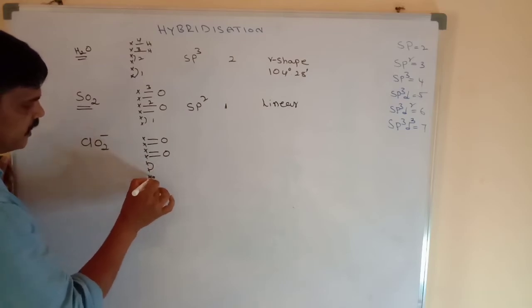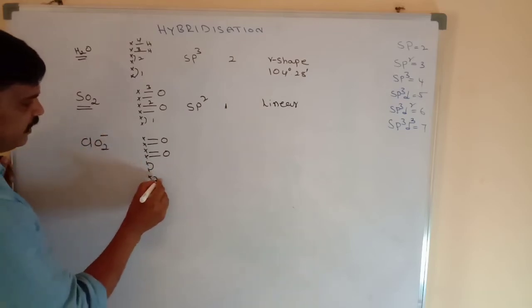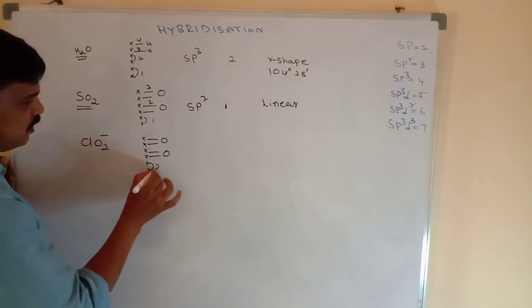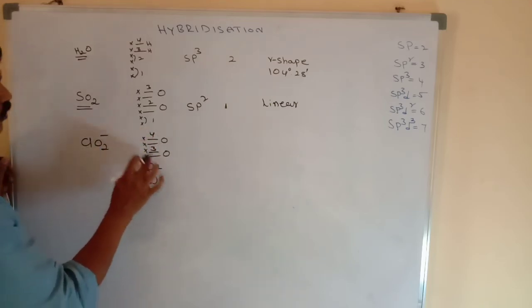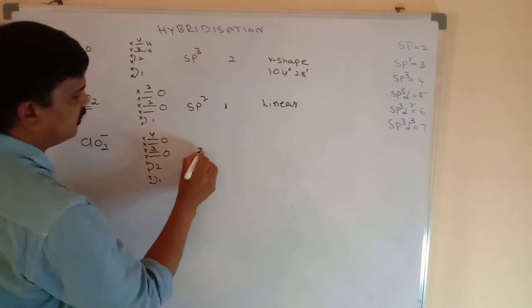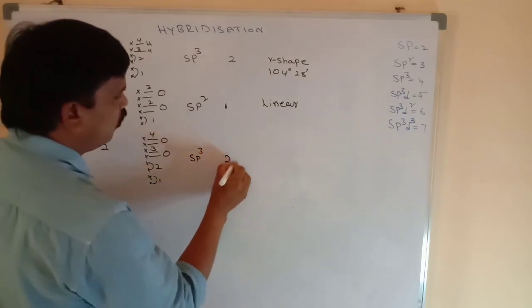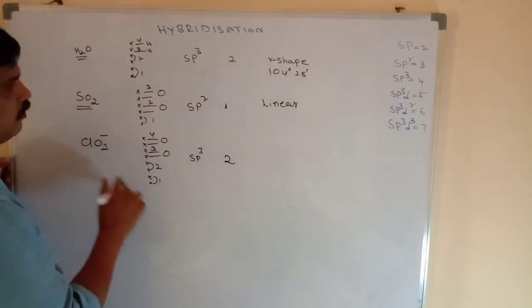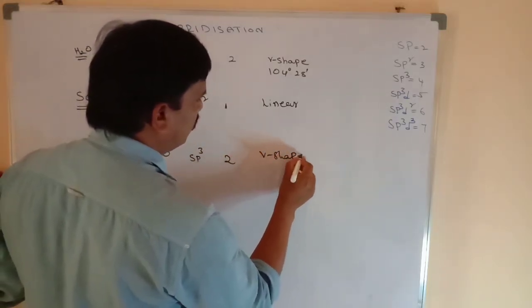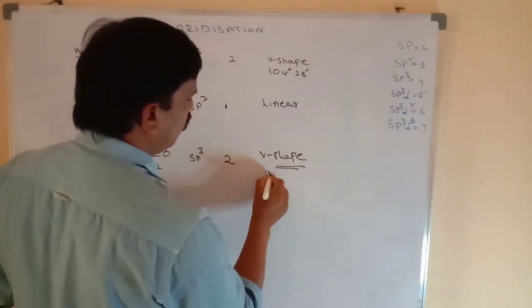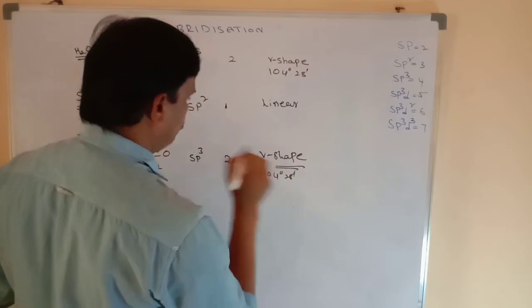Remaining dots are paired, numbered 1, 2, 3, 4. So sp3 hybridization with two lone pairs. Anywhere sp3 with two lone pairs means V shape, bond angle 104 degrees 28 minutes.